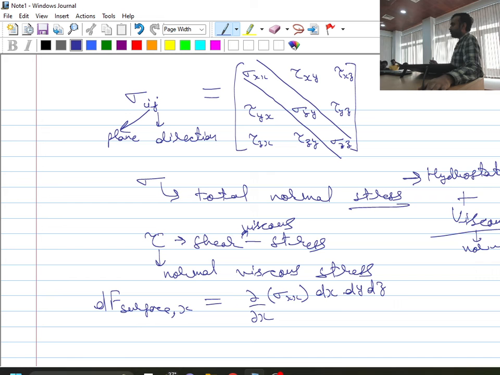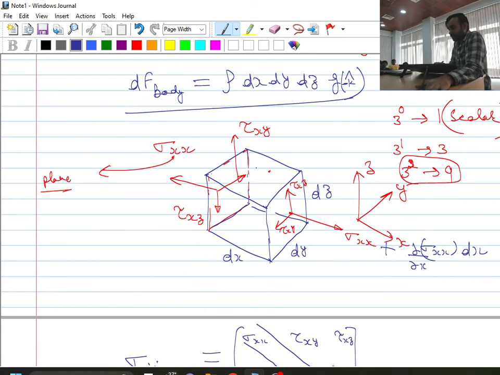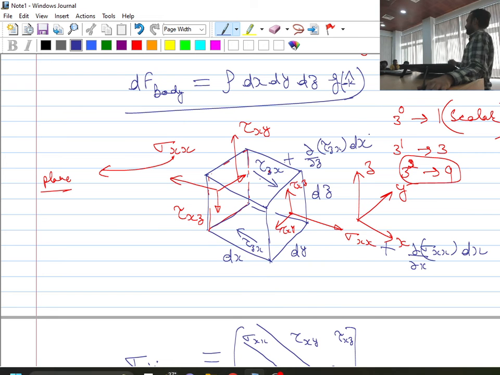Other than this, is there any other force? When you talk about this top surface, what is this top surface? It is a z plane. So it will have some shear stress acting in the x direction. That shear stress will be tau zx. If tau zx is here, then on the other side it will be tau zx plus del by del z of tau zx into dz.